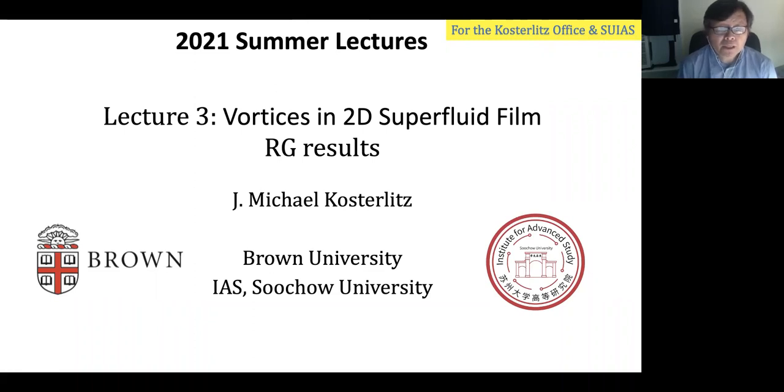Hello, everyone. This is the third lecture, the last one of the 2021 summer lecture series by Professor John Michael Kosterlitz, the 2016 Nobel laureate in physics. He will discuss the RG results for their theory on the Kosterlitz-Thouless transition, the superfluid transition in 2 dimensions.